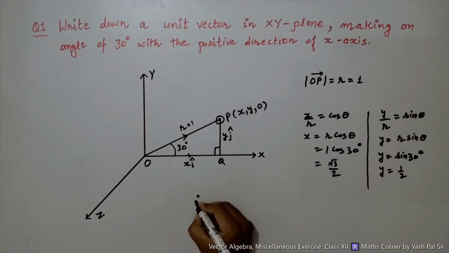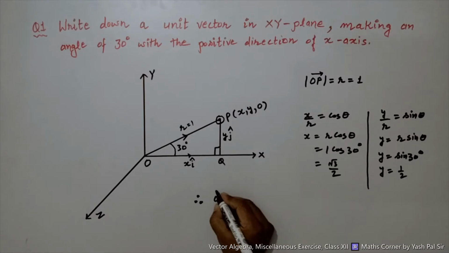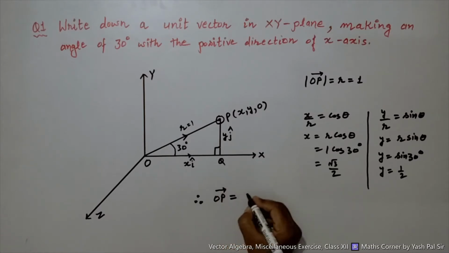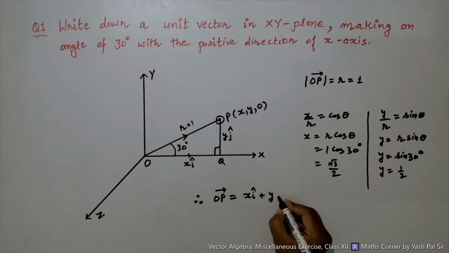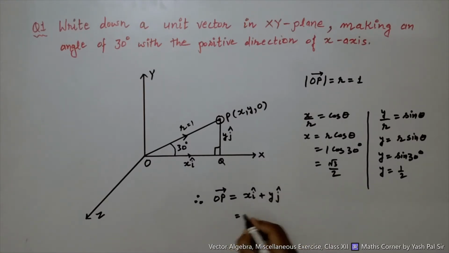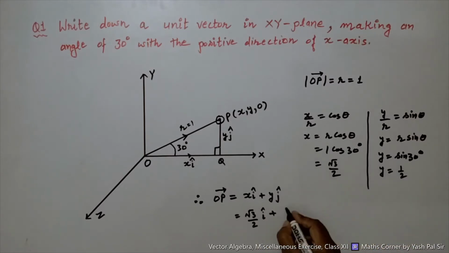Therefore, OP is the required unit vector, which is equal to xi plus yj. That means x is square root of 3 upon 2 i unit plus y is 1 upon 2 j.